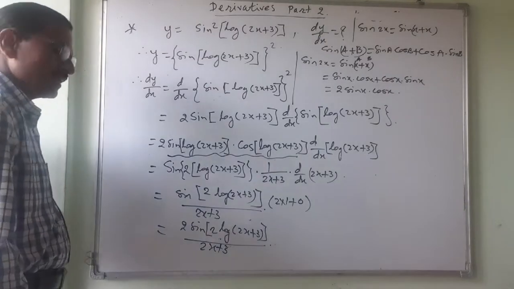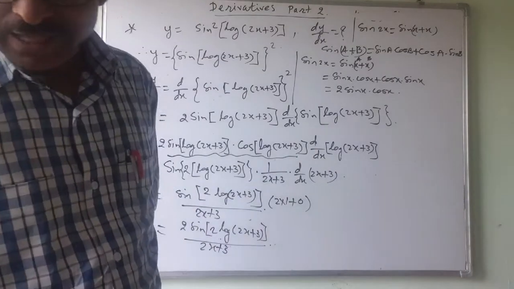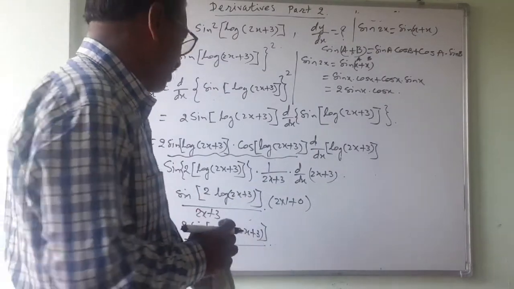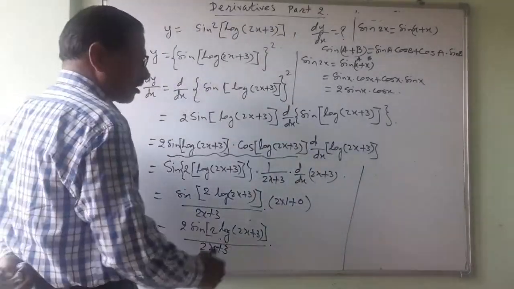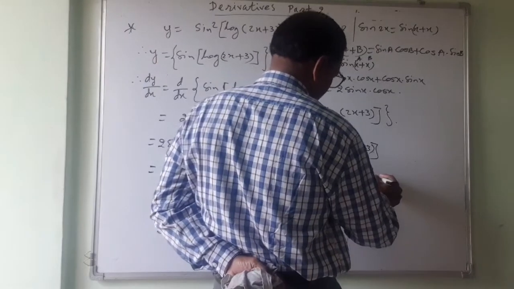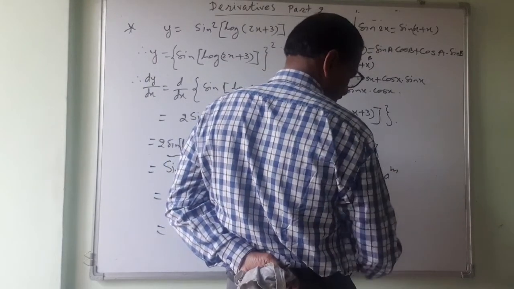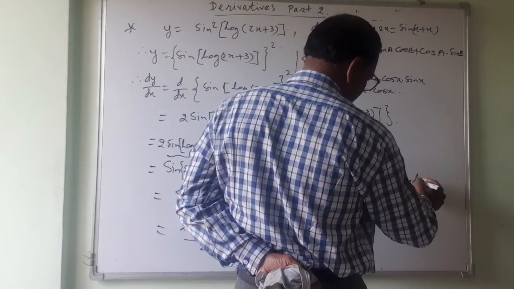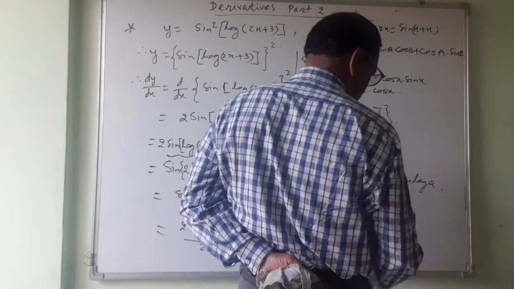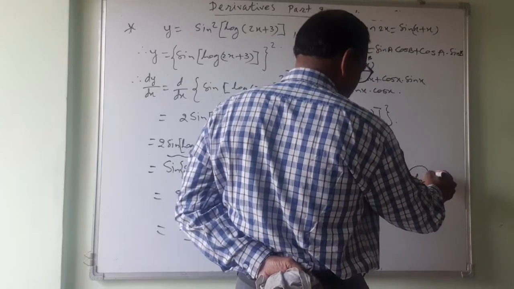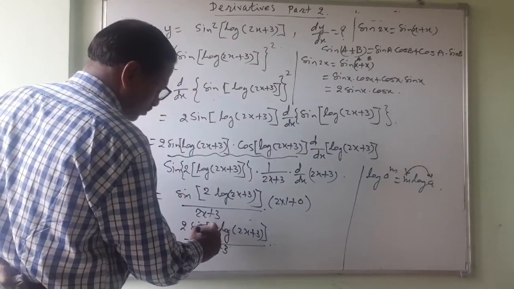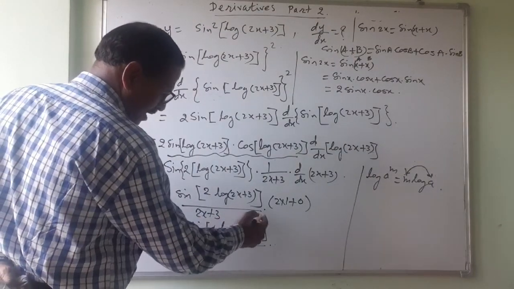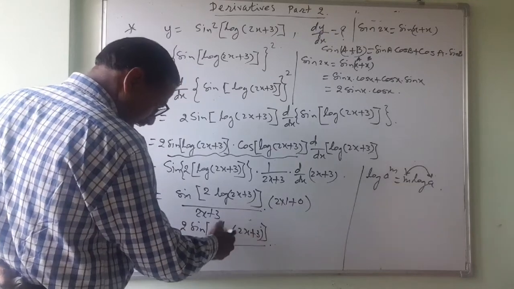But in the examination, in the competitive exams, the answer may be given in a different way. This is for log of a raised to m is equal to m log a. This m can go here or can come back. Here our m is this 2. The 2 can be raised to this or can be here.